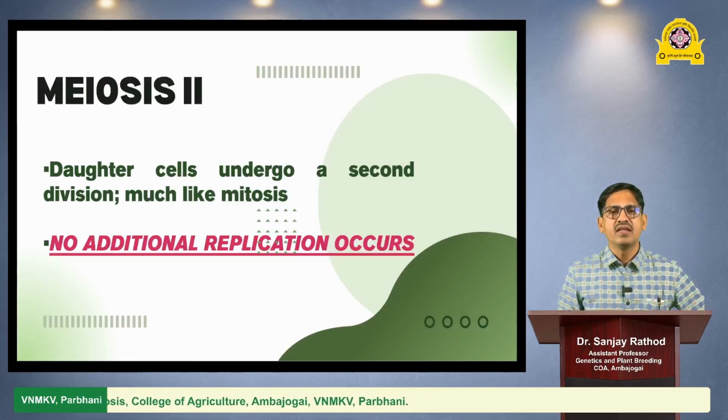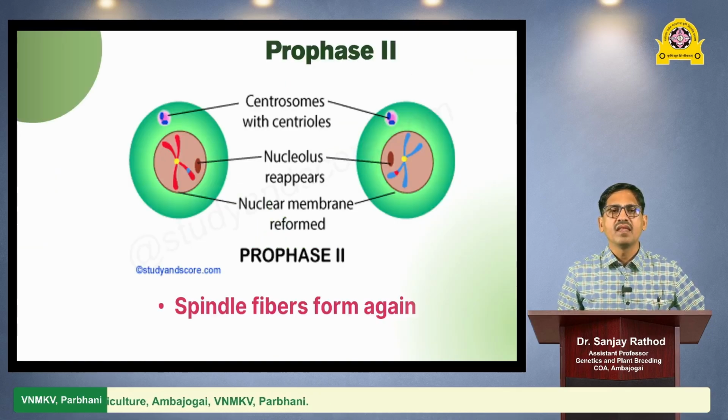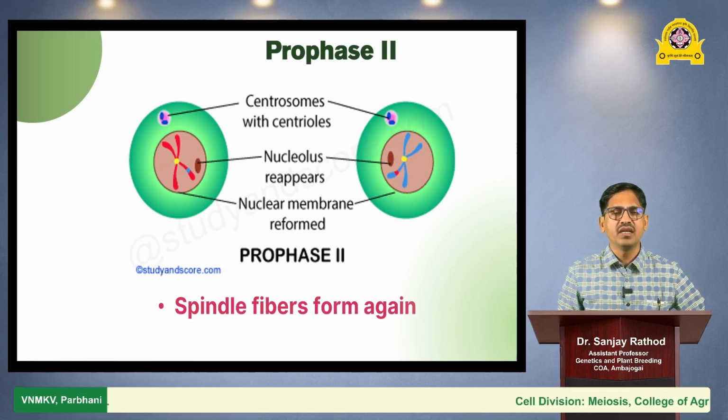It is just like mitosis: in meiosis second the sister chromatids get separated, whereas in meiosis first the homologous chromosomes get separated. That is the major difference between meiosis first and meiosis second.